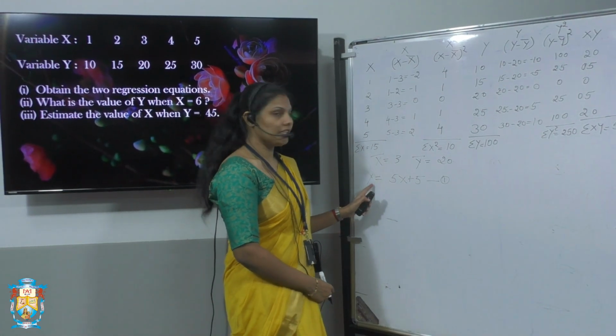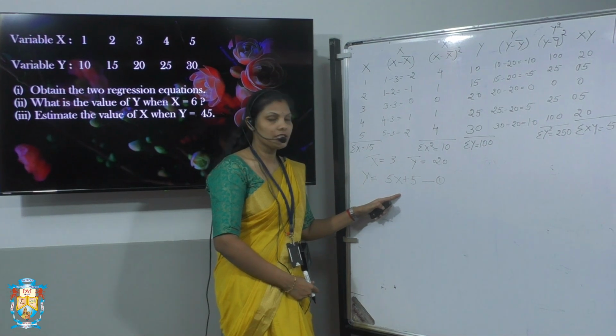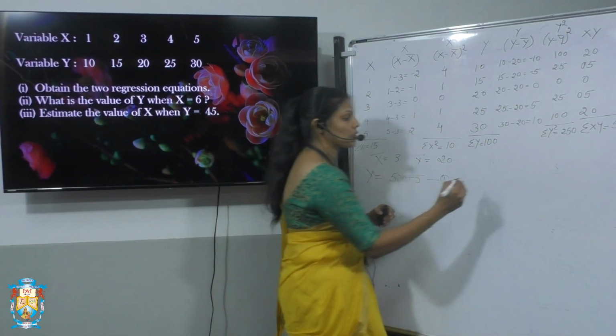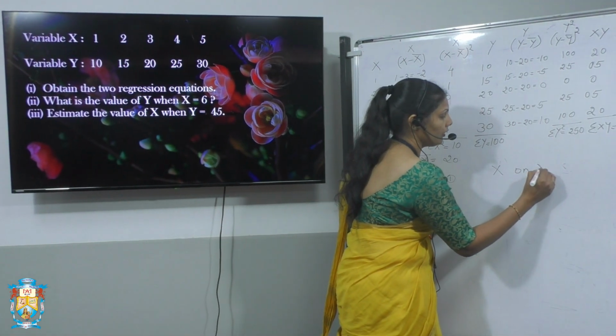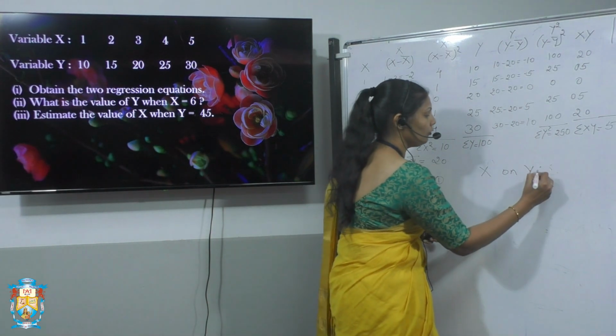Okay, now we already got one equation, that is y is equal to 5x plus 5. Now we will solve one more equation, that is x on y. We have already solved y on x. Now we will solve x on y.